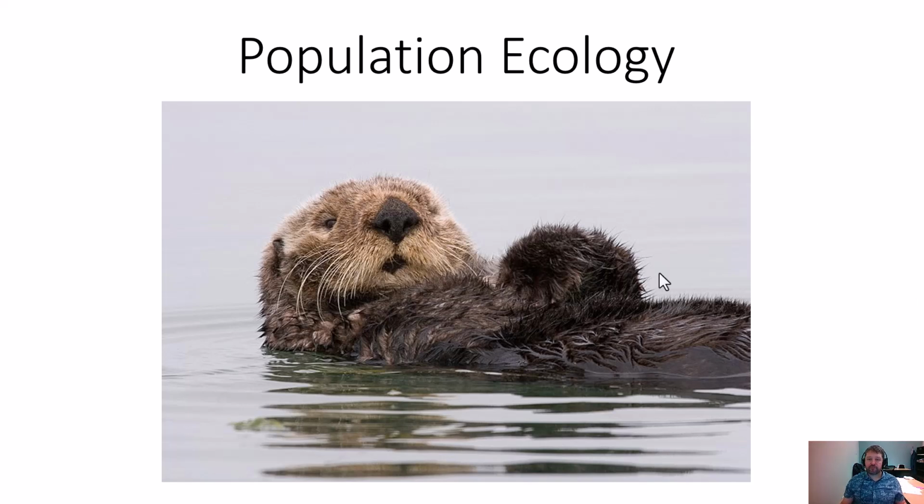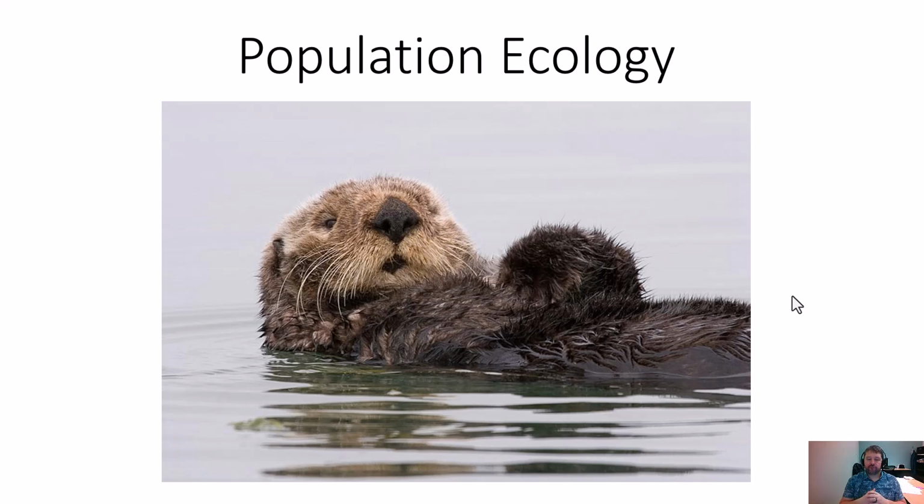A good example of that is sea otters. Some of you have probably seen sea otters on the coast, and they play a really important role. Although lots of fishermen and other individuals find them annoying and may think they are consuming products that they want to consume, sea otters play a really important role in keeping populations of sea urchins down.